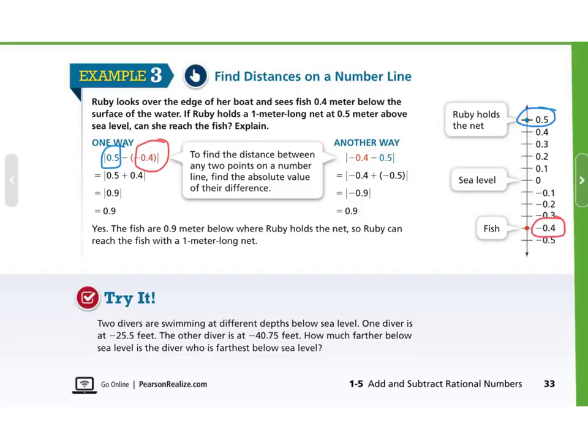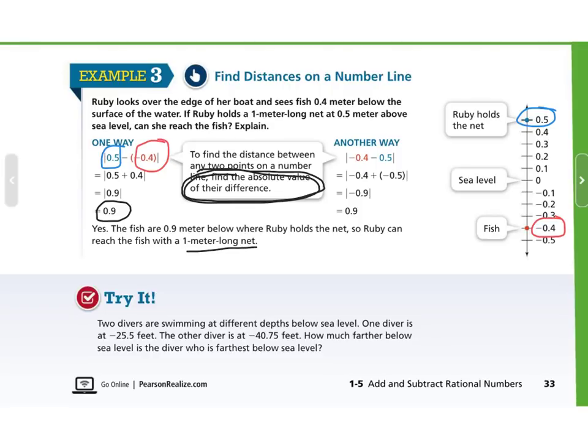If I find the distance between those numbers, I'm actually subtracting, and then I need to find the absolute value of their difference. So I'm finding the absolute value, which is the distance of their difference. So in the first way, I end up adding 5/10 and 4/10 to get 9/10. And that tells us that Ruby's net and the fish are 9/10 of a meter apart, so a 1 meter long net would be sufficient.